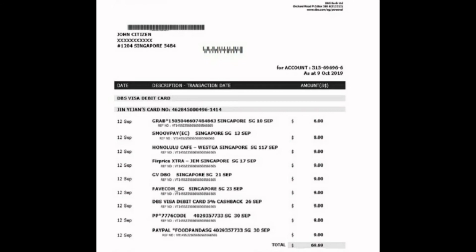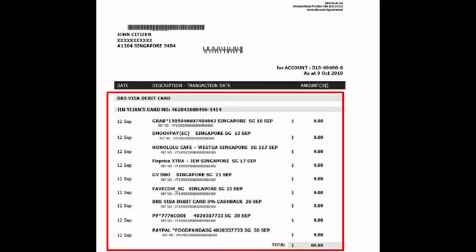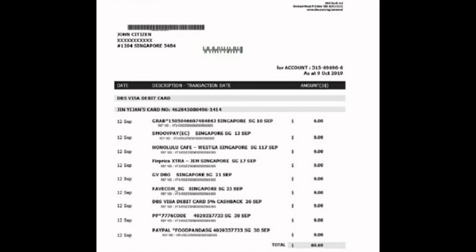When you take a screenshot, first check that your address and all details can be seen clearly. Friends, this is the full paper of a bank statement, so you can use it anywhere.